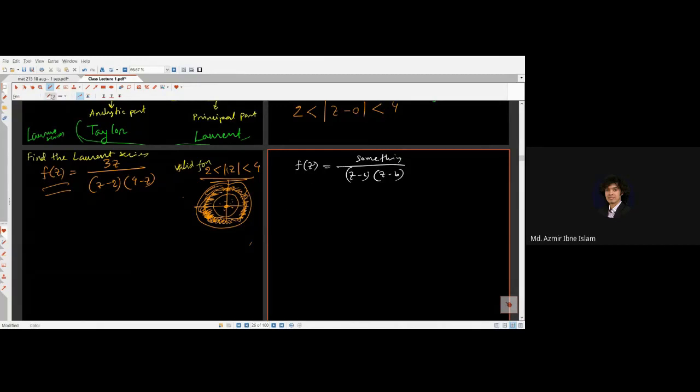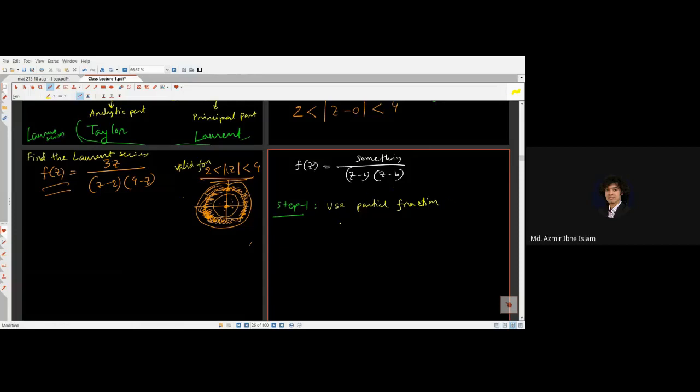So in step 1, you can see we have something by (z minus 2)(z minus 4). So in step 1, we have to use partial fraction. You have learned this concept, partial fraction, at school level or in Math 120. So partial fraction decomposition will be applied here.